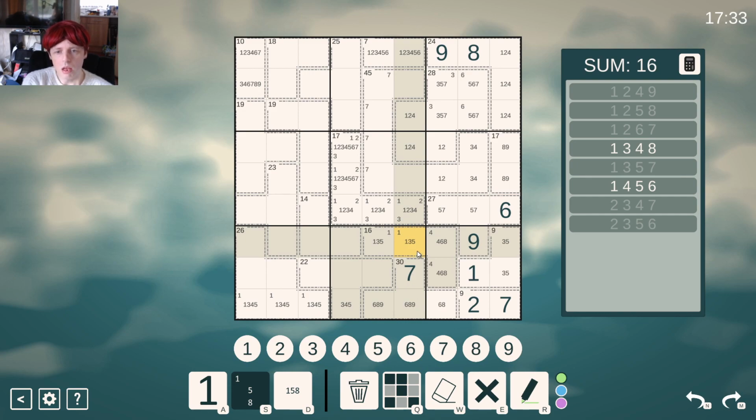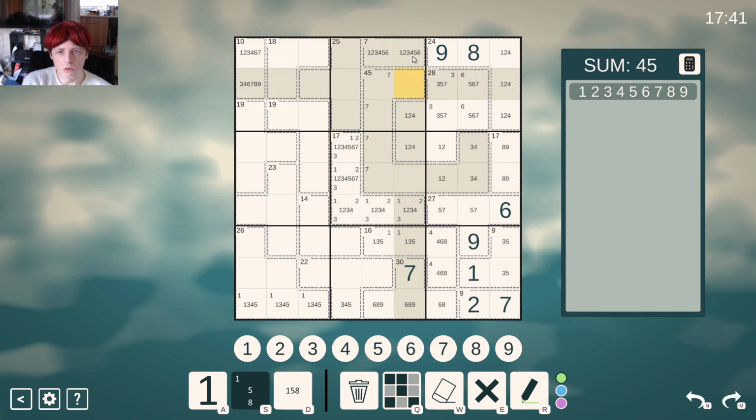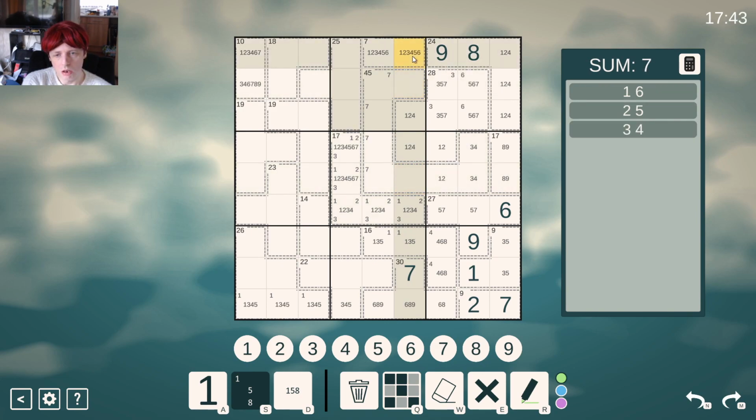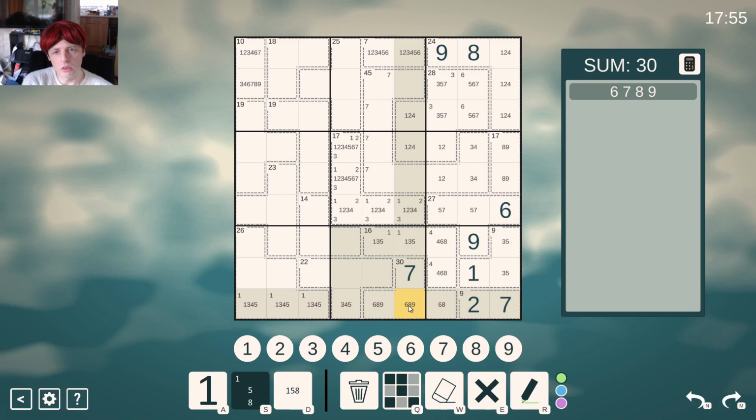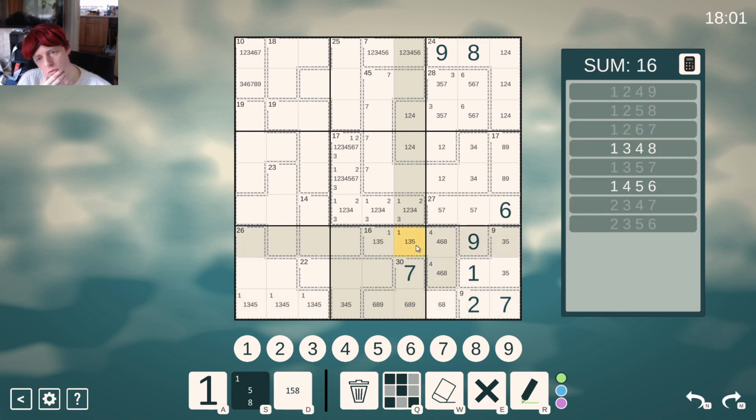It can only go there, because if it goes there, there, or there, we can't put a 5 there then, and we can't put a 5. I think that's right.